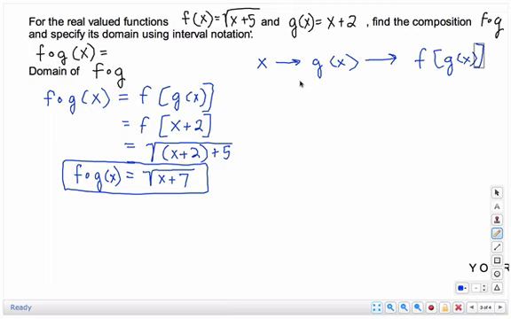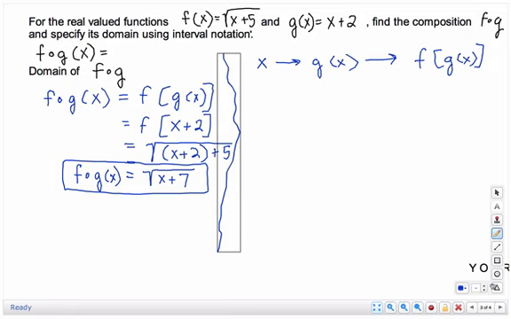Okay, so our first part is to find the domain of g of x.